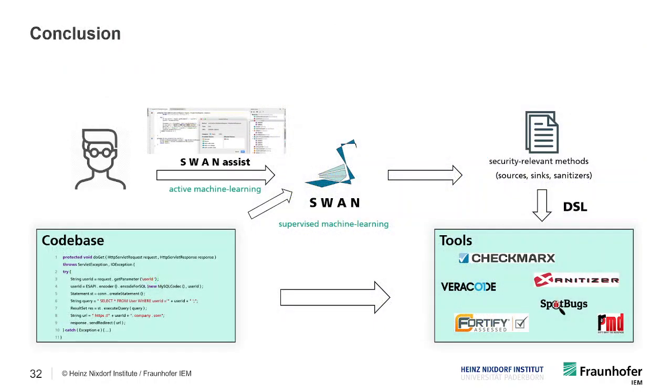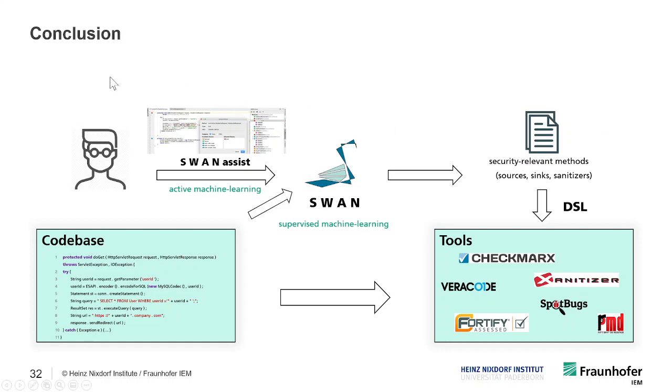And finally, final words. I would like to conclude what we have seen in this lecture. We have introduced Swan as a supervised machine learning approach that takes an arbitrary code base as input, and it can classify all methods from this code base into different security-relevant methods, and then further classify them into security vulnerability types.